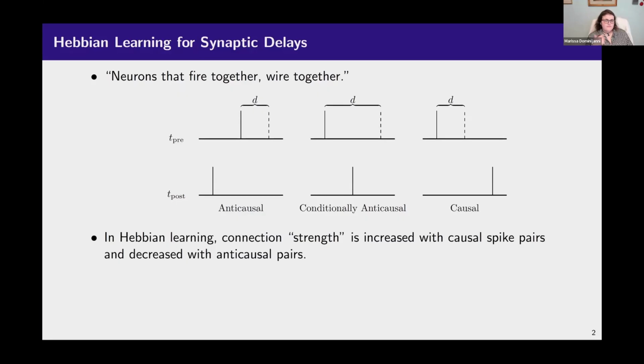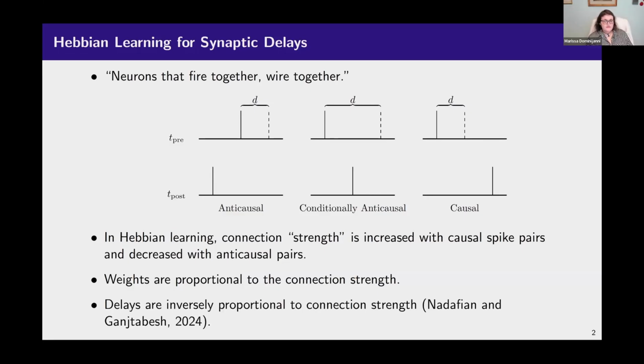For causal pairs, we increase the strength of the connection, and for anti-causal pairs, we decrease it. For weights, this is simple enough, and we've been doing it for long enough. They're proportional to the connection strength: larger weights, higher amplitude for a given input.